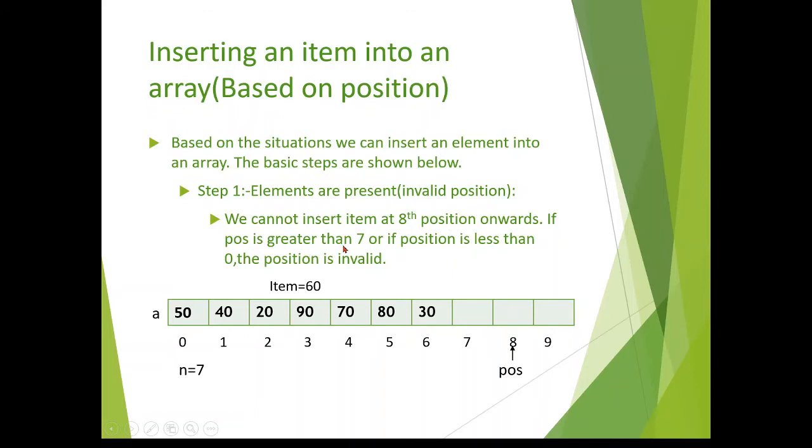If the position is greater than 7 or if the position is less than 0, the position will be invalid. Suppose we take an array of 10 positions, we have 7 elements, and the item to be inserted is 60. We cannot insert an element after 7 or before index value 0, because it will be an invalid position.